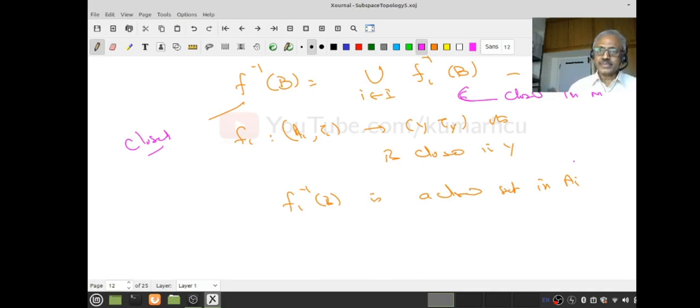So if I want to say fi inverse of B, which is closed in A, to be closed in X, what is the sufficient condition?